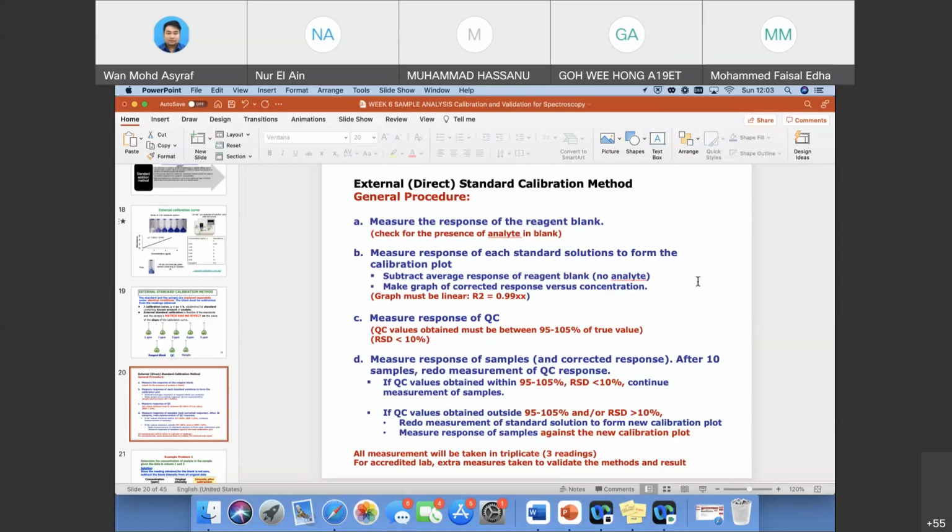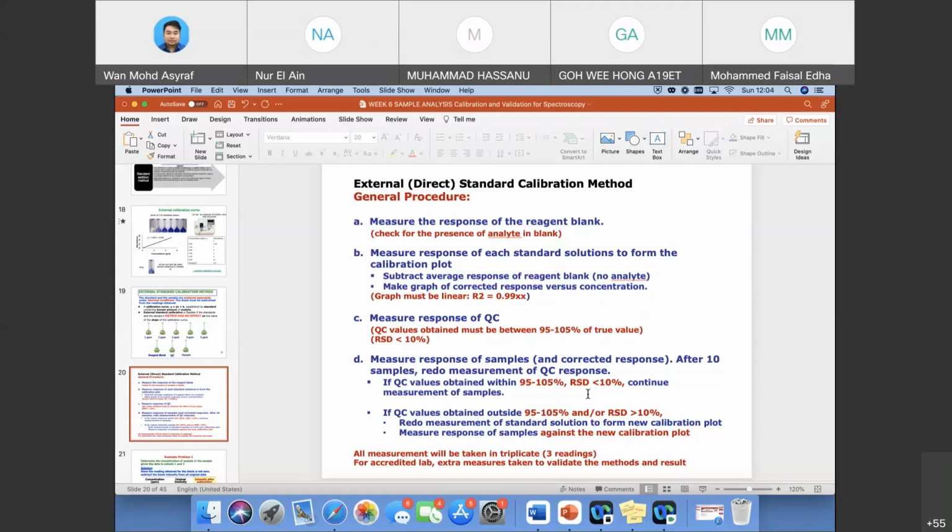The second is to measure the response of the standards. You need to ensure that R square is 0.99 something. This is the best that you can get. Now measure the response of the QC.